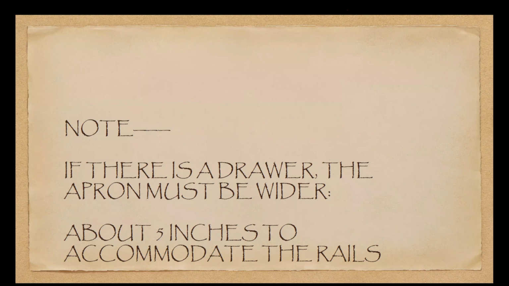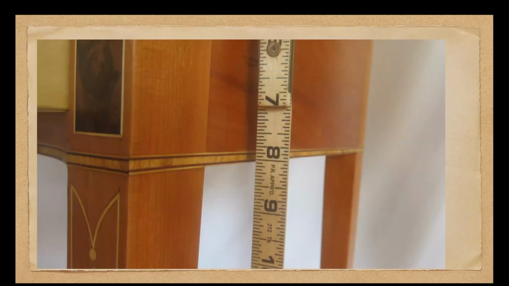It's going to be 4 inches wide, but let me remind you again that if the apron has a drawer, it has to be wider to accommodate the rails. In this case, the table that I showed earlier is an 8-inch wide apron because it had 2 drawers in it.